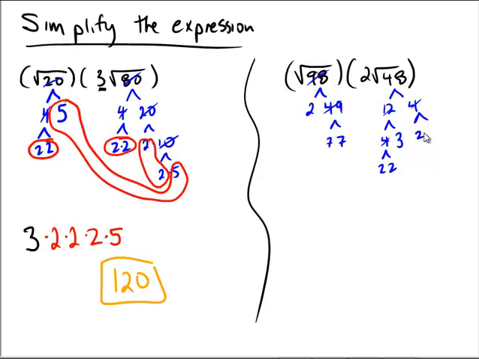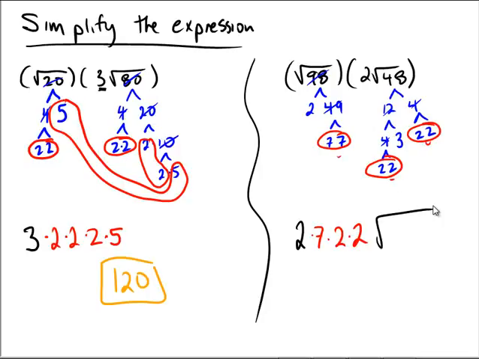And 4 again is 2 and 2. Any pairs? Yeah, sure. There's a pair of 7's. There's a pair of 2's. And there's a pair of 2's. So, outside of prison, 2 times 7 times 2 times 2 broke out.